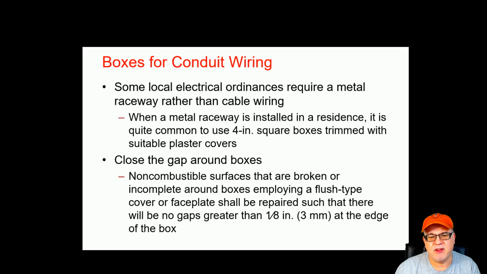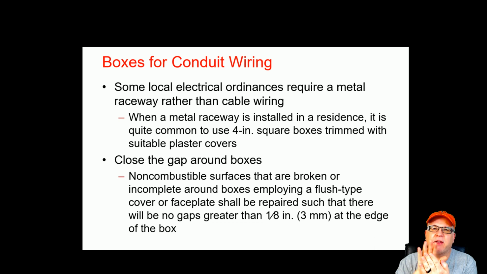So, like it says here, if I'm dealing with a non-combustible surface that is broken or incomplete around the box, employing a flush type cover or faceplate, it shall be repaired such that there are no gaps greater than 1/8 of an inch. Okay, so when we say flush, it means that the receptacle and the outlet are all back in the wall, and I'm putting a faceplate or cover over it.